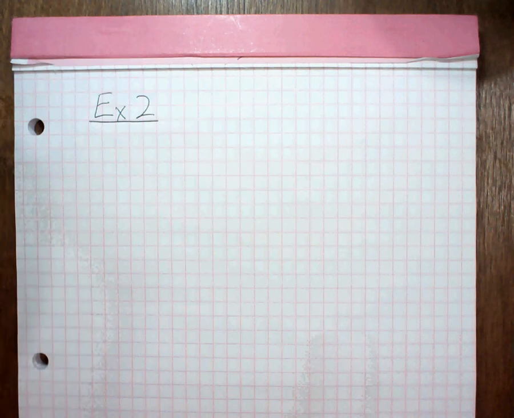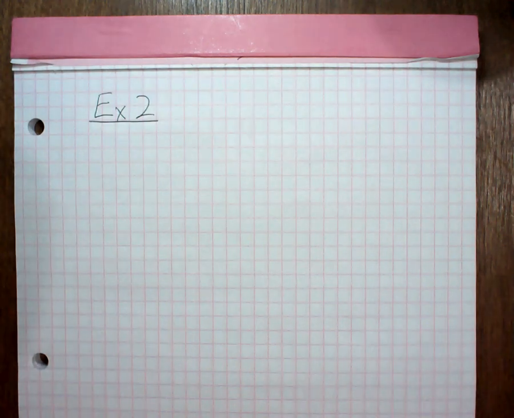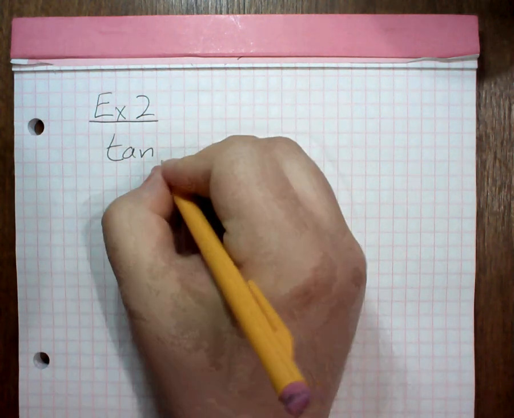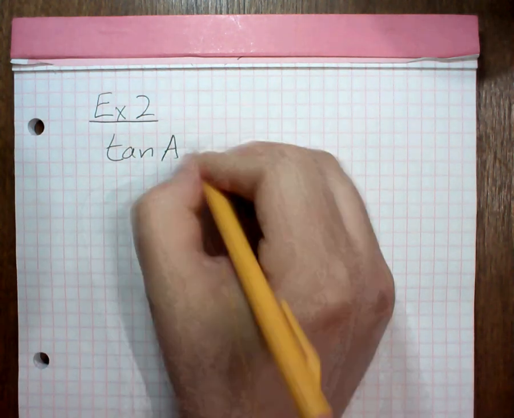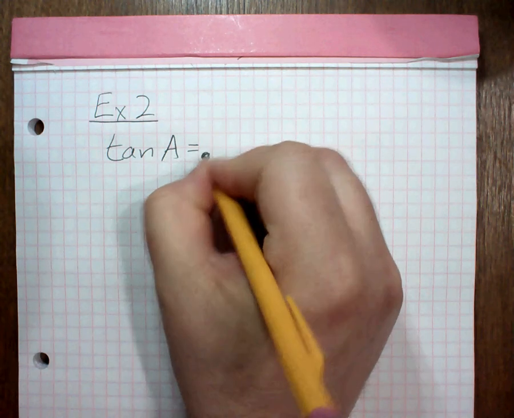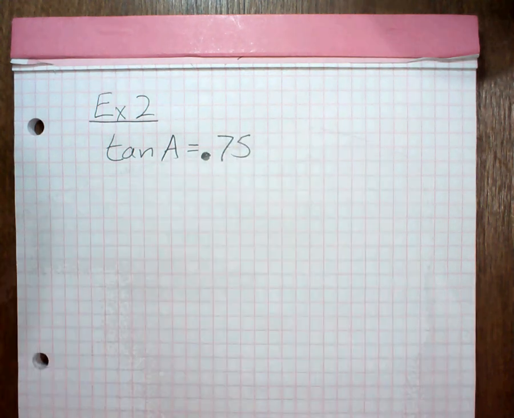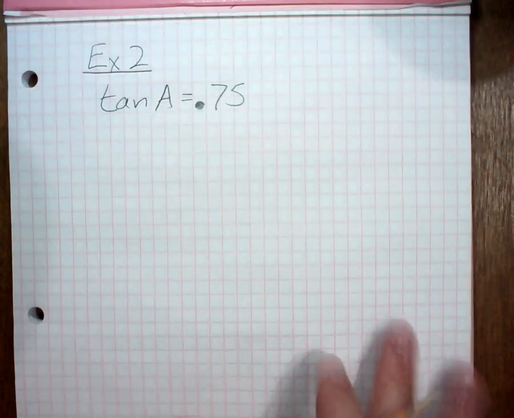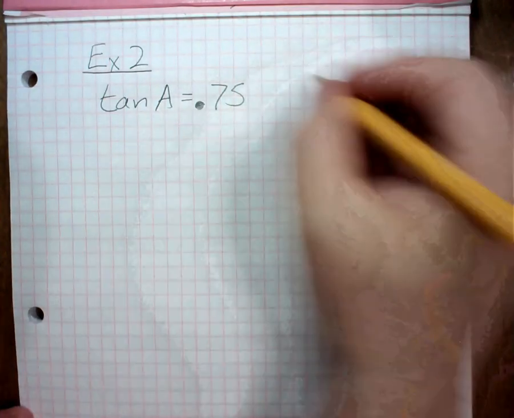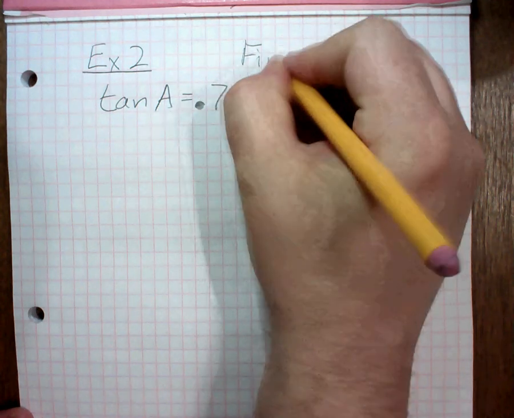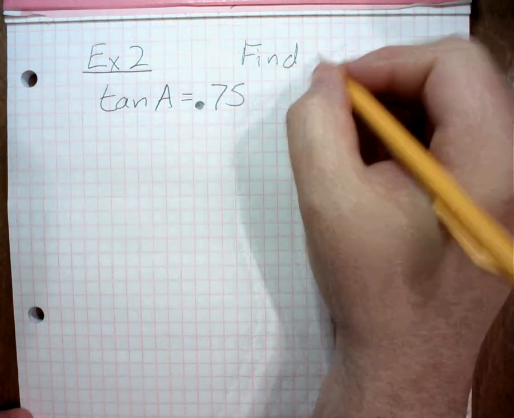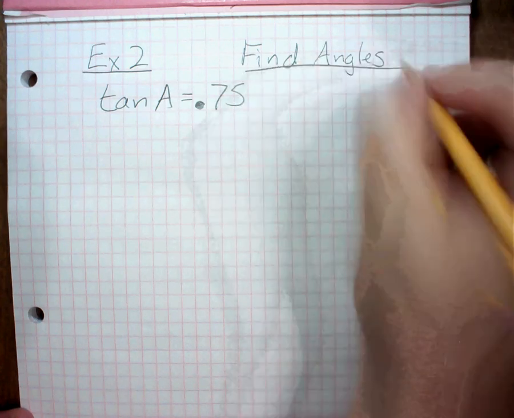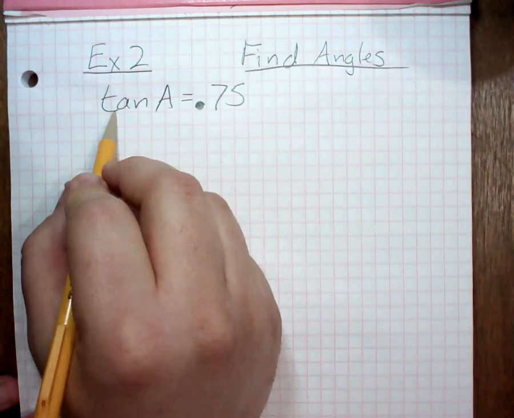Now for example number 2, we are given tangent of A is equal to 0.75. To find the angles, that's what we're asked to do, I'm just going to take the inverse tangent of this.